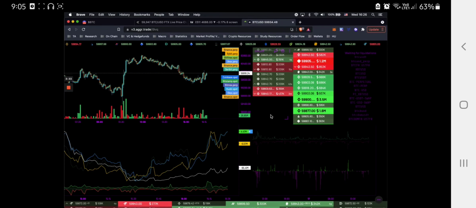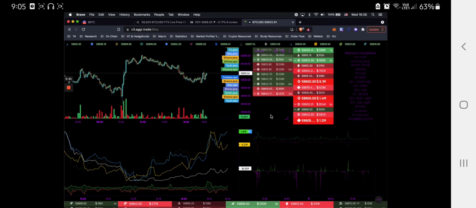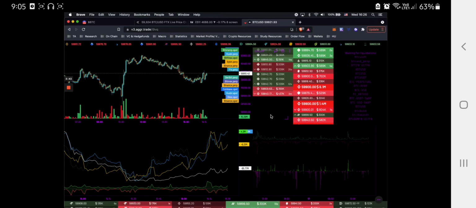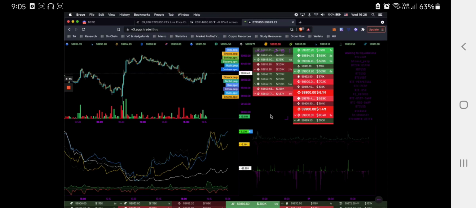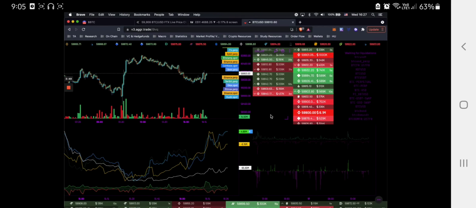You want to see who's leading price, who's lagging price. You want to see what spot is doing versus derivatives, because this is a derivatives driven market, but spot flows are what underpins it. So on a day-to-day basis, derivatives drive the market, but on a long-term fundamental basis, it's spot that drives it.